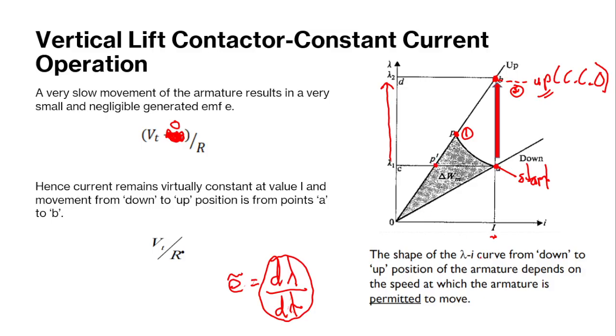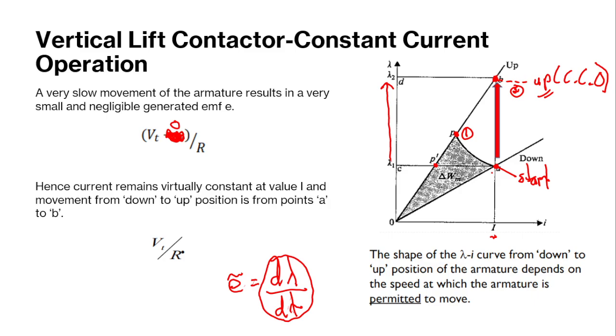The shape of the lambda curve from down to up of the armature depends on the speed at which the armature moves. For this one here, it's relatively fast. This one here, real slow, because you need it to be very slow so you wouldn't have a large change in flux linkage.